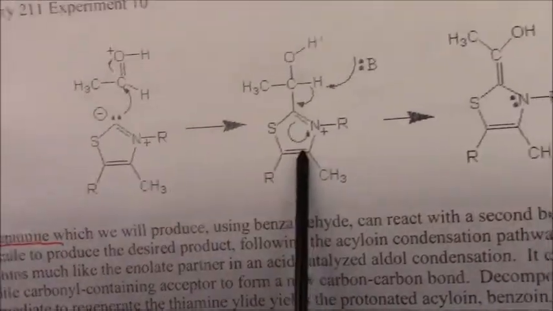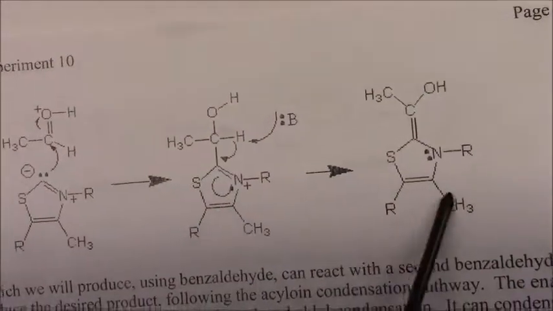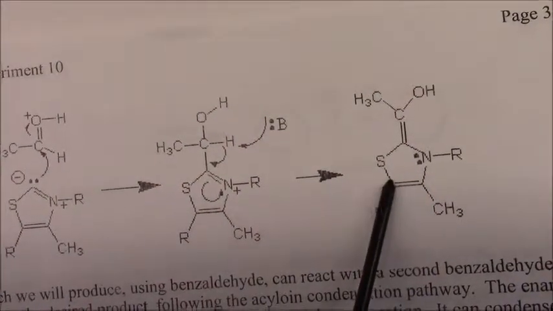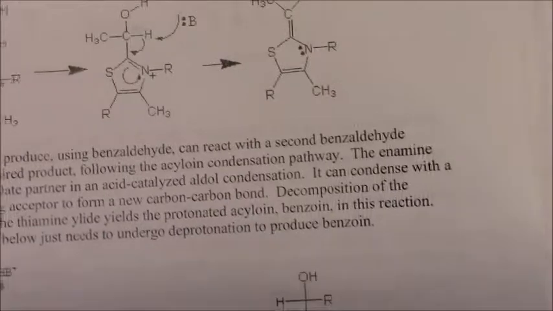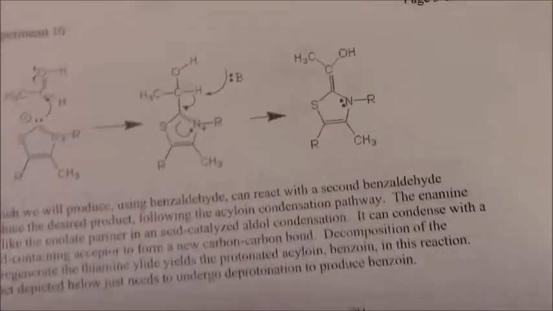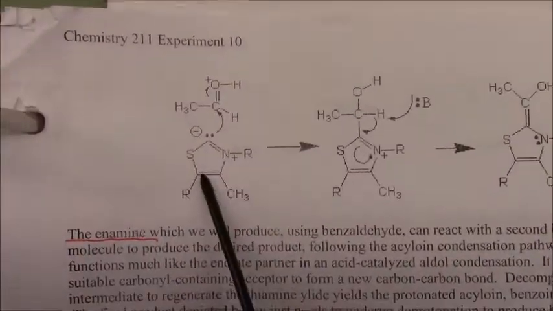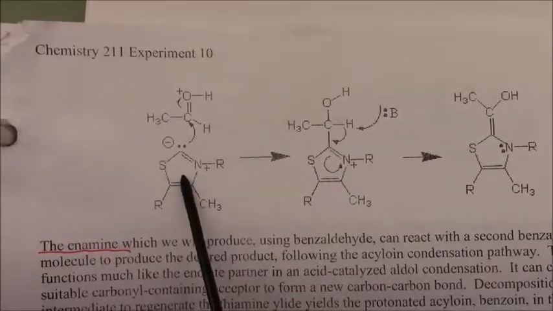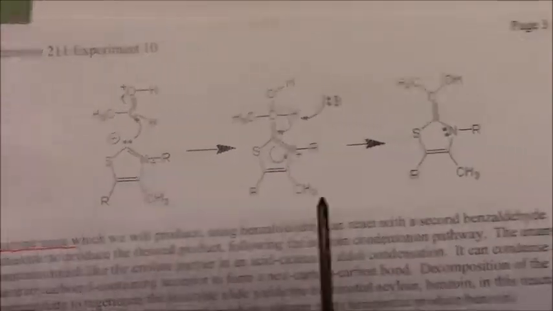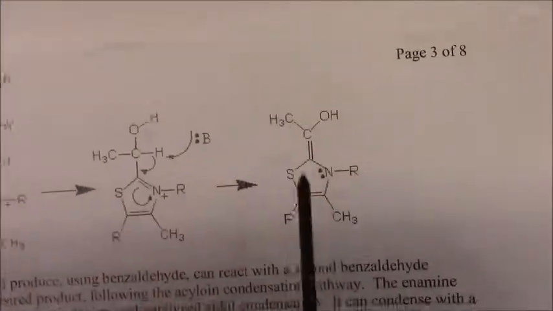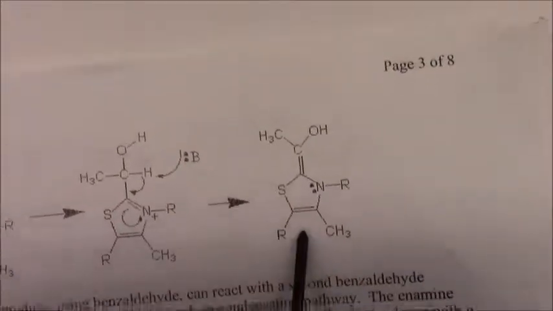So the enamine is that one, and it goes over to this. This is the official enamine right there. So that shows you how you're going to make a ylide that represents an intermediate in your reaction energy diagram. Then you go on to make the enamine, which is another intermediate before you get the final products.